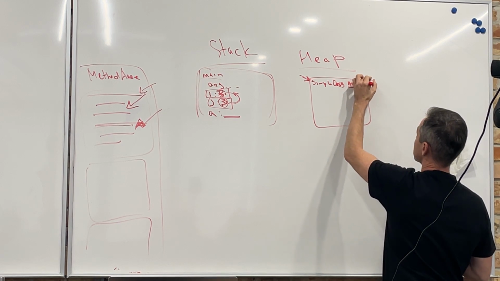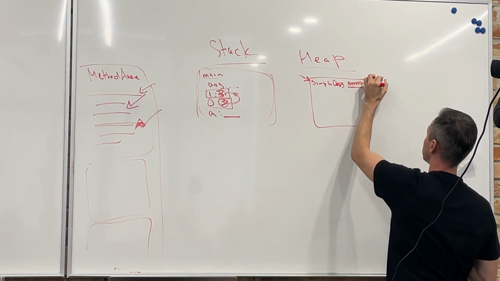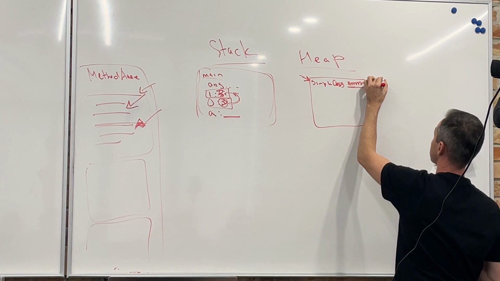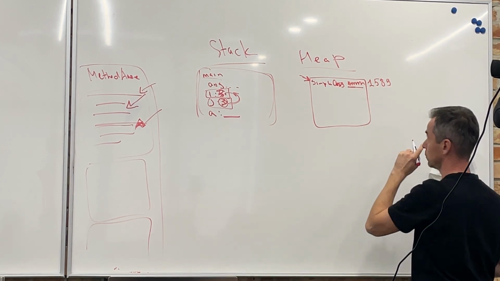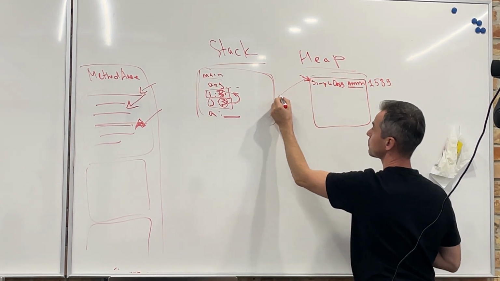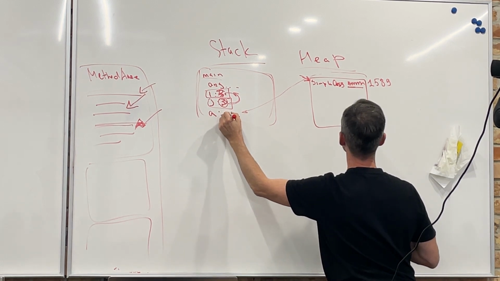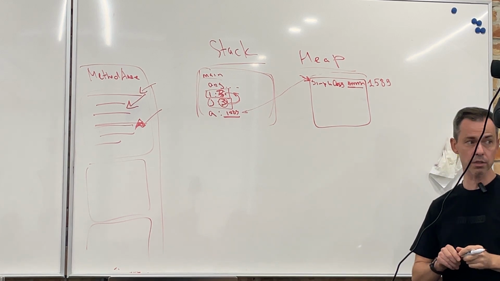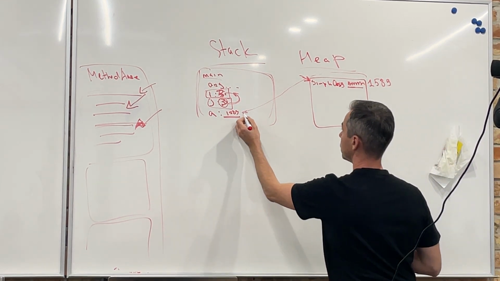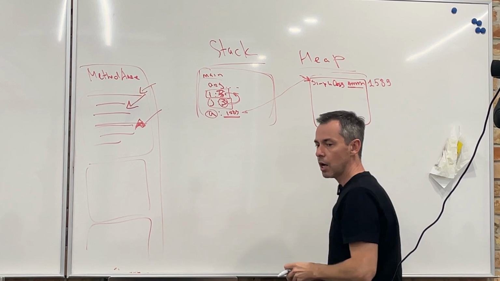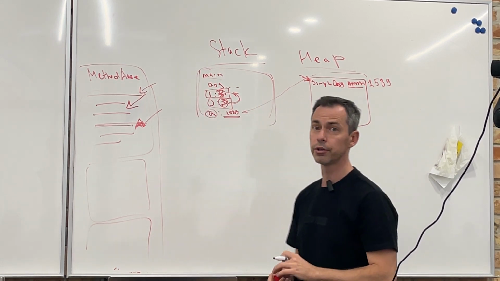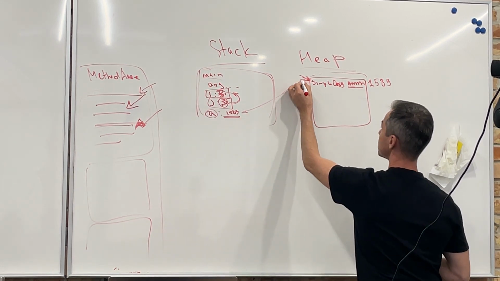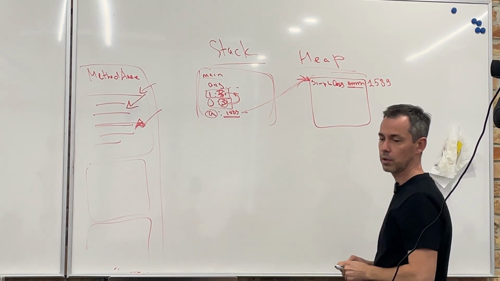Okay, let's create any number, just virtually, I don't know. So, we put basically the address here, but not the object itself. You should understand that. So our a now, after this line, will refer to a specific part of the memory.